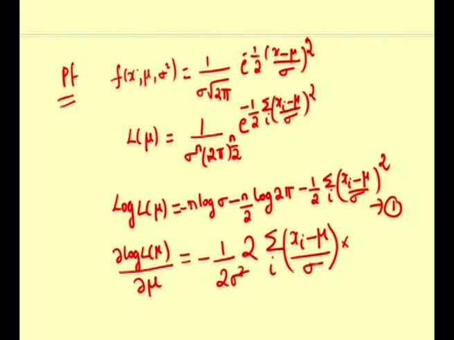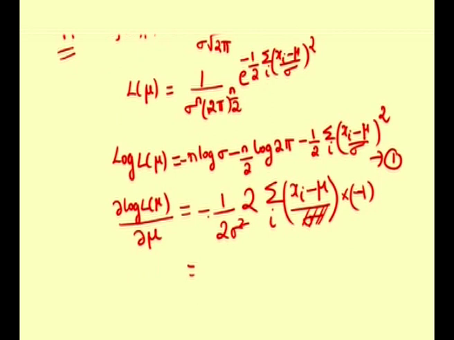Here it is not required to write sigma outside. So xi minus mu the whole squared will become 2 into summation xi minus mu. You are differentiating this particular term with respect to mu, so you will have a term minus 1. So minus 1 into minus 1 will become plus 1. 2 and 2 will get cancelled out, leaving 1 by sigma squared summation xi minus mu.